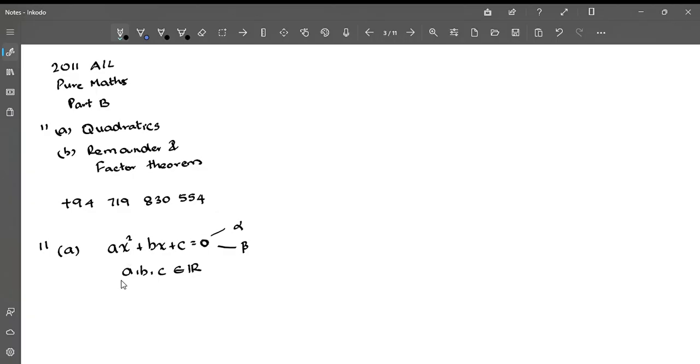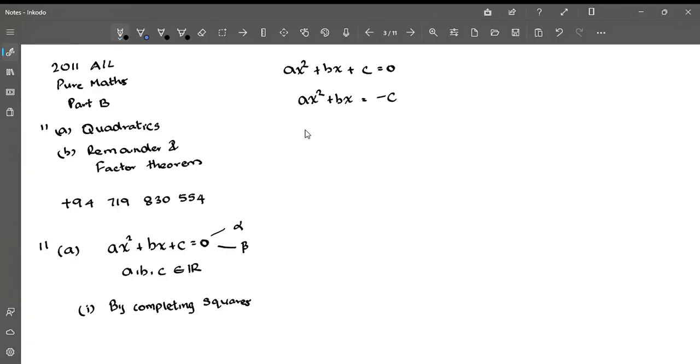In order to complete Roman 1, first of all you need to complete the square. Let's do it here. ax squared plus bx plus c equals 0. Take c to the other side, you will have ax squared plus bx equals minus c.